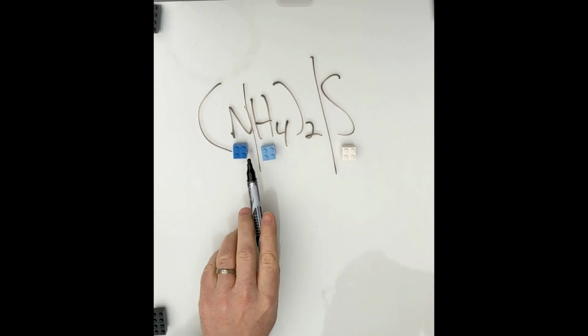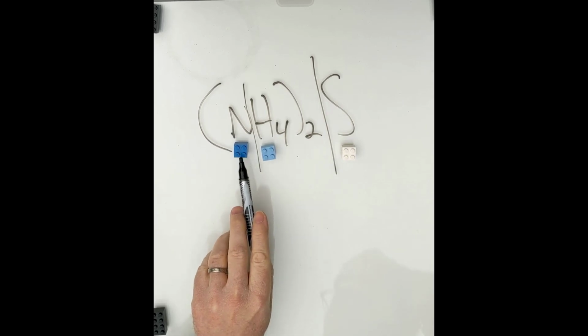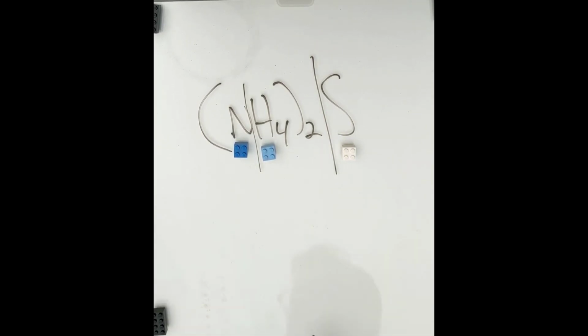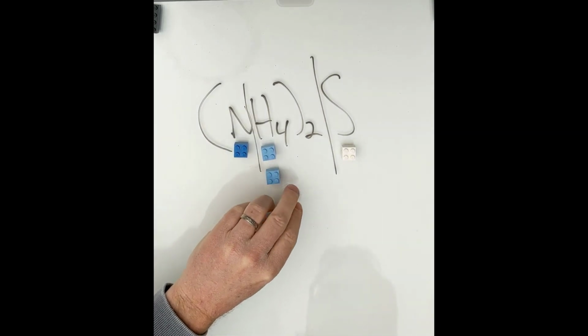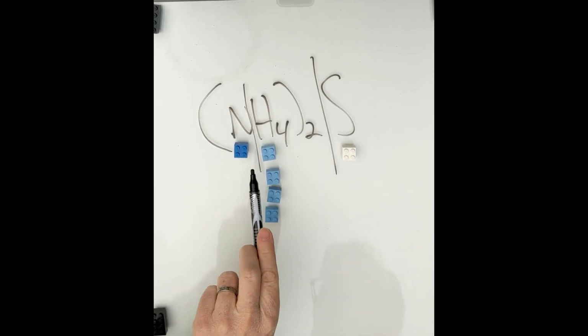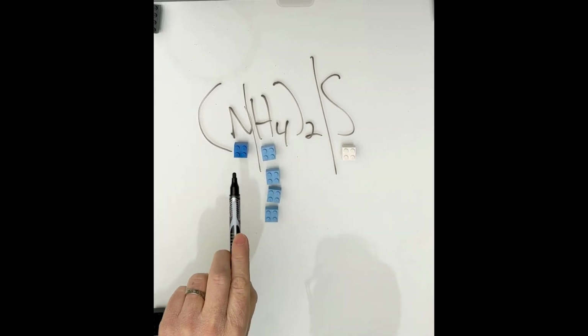In the parentheses, you've got N with no subscript, so there's 1. The hydrogen in the parentheses has a subscript of 4. Okay, so there's 4 hydrogens. But then you've got the 2 outside the parentheses, which means everything in the parentheses gets doubled.